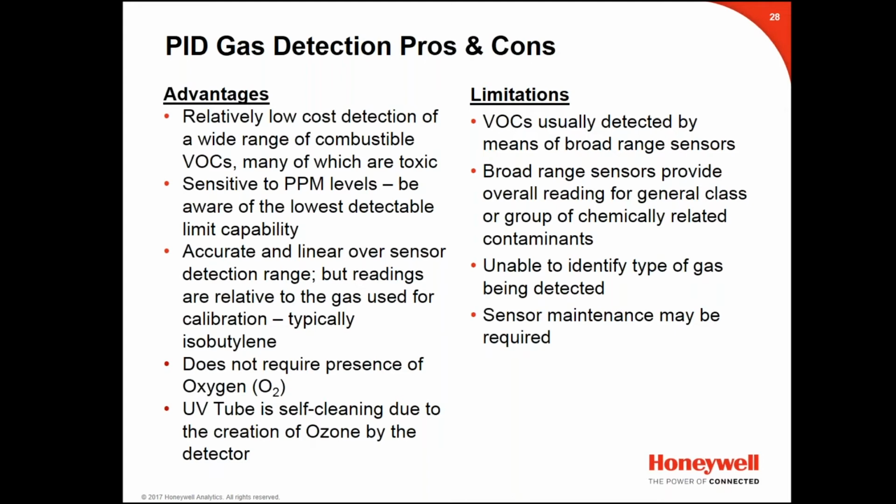This is an optical method, much like the IR, but unlike the IR, because we're drawing a sample, that means we're pulling in things like humidity and dirt and debris, and unless we're filtering those on the front end, we have to get in and actually clean our electrodes, and we have to clean our UV lamp if it becomes too dirty.